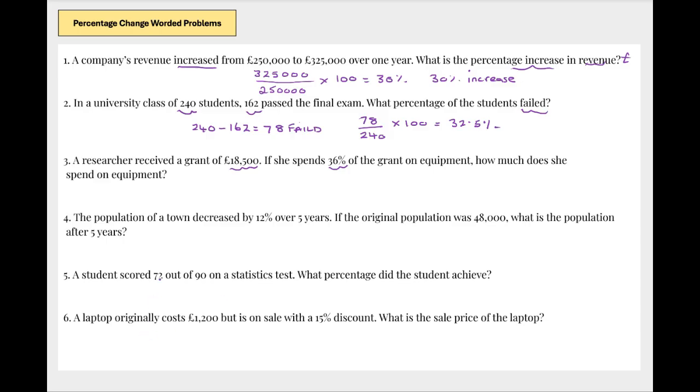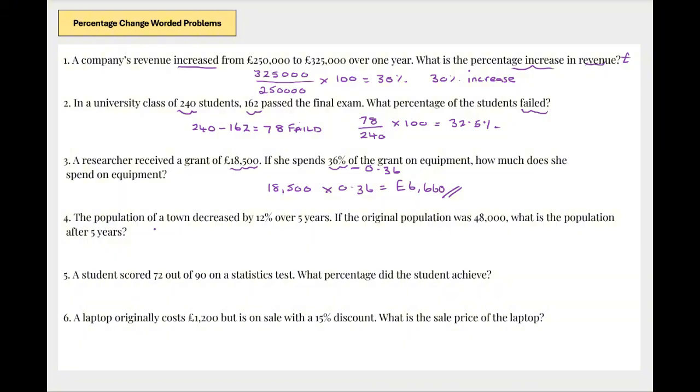So we're going to just do 18,500 and change this into a decimal, times 0.36, equals £6,660. Remember, you have got a calculator to do this, so don't struggle.